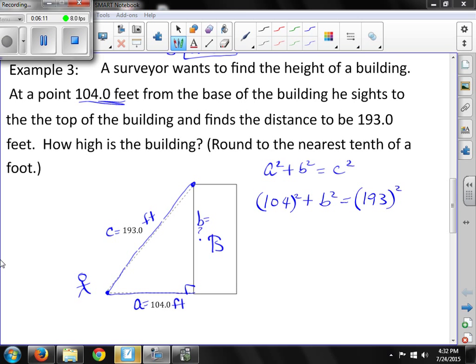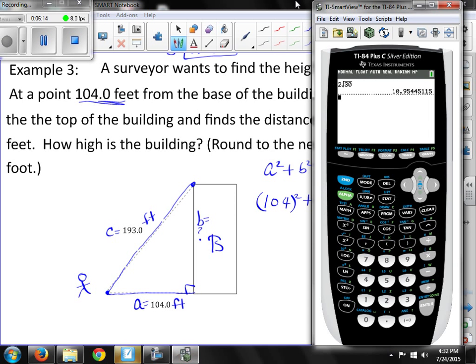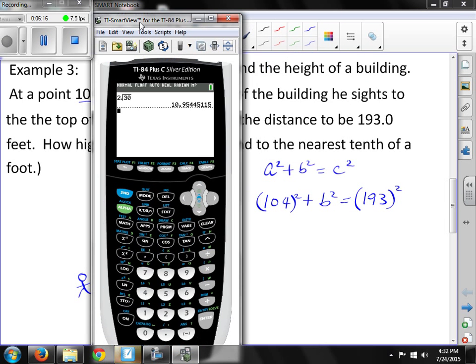So let's get out our calculator and scoot it over so we can use it. So we have 104 squared, 10,816, plus B squared equals 193 squared, which is 37,249.